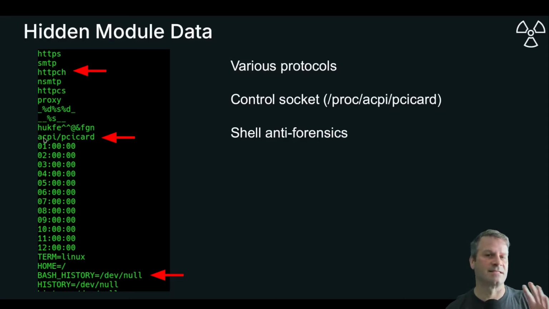But the fact that it's listed in here means I might want to go look on a system. If I see that present on the proc file system, this kernel module is actually active on the box. And finally, down here, we see some bash history dev null. This is all anti-forensics. It's basically telling the shell don't record any commands, send them to dev null for the history. You see this type of activity, it is almost always malicious.